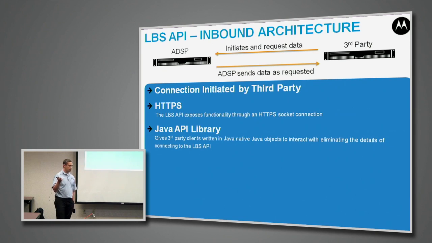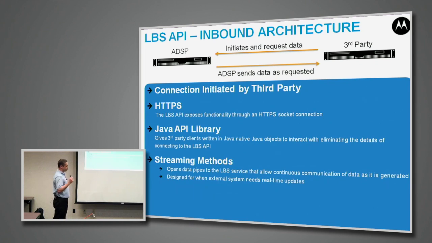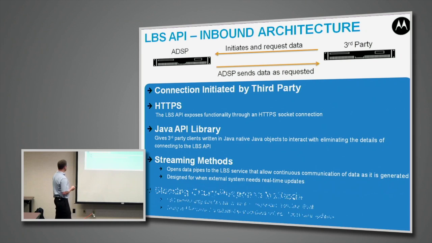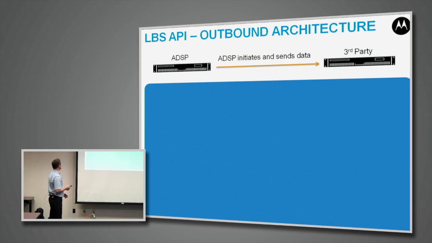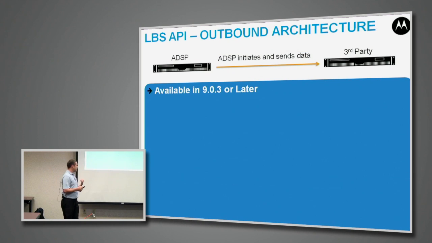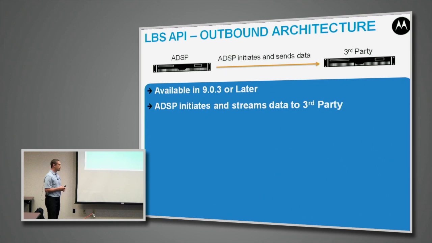We have a Java library in the SDK file you can download from the appliance, which has the Javadoc information, example code implementations, and example apps already compiled. It does have some streaming methods, but most people would use this method for queries, when you want to query for historical information. So in 9.0.3, we added push data.